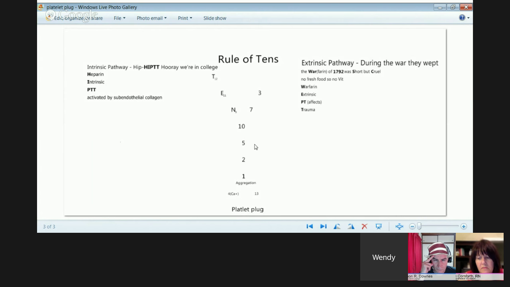They're kind of a brake, if you will, in the clotting. Sorry, 10 and 2.